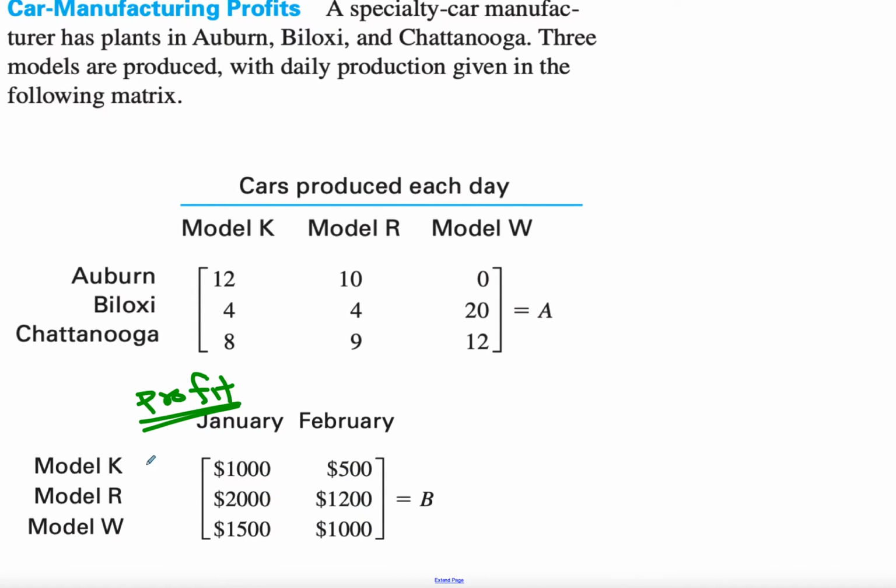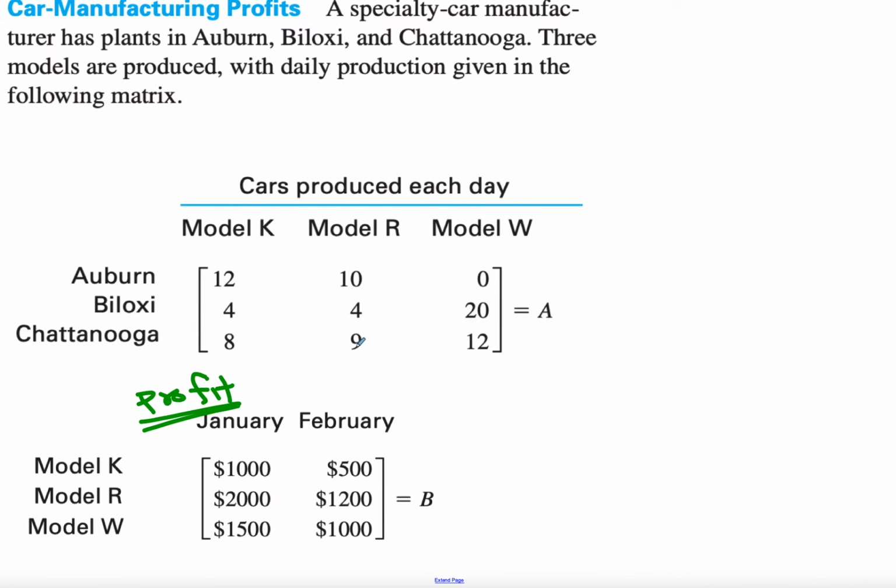In the month of January, when you sell one car of Model K, we get $1,000 of profit, and then $2,000 for Model R, and $1,500 for Model W. This is also given for the month of February. What I want to figure out is the profit from selling all these cars.